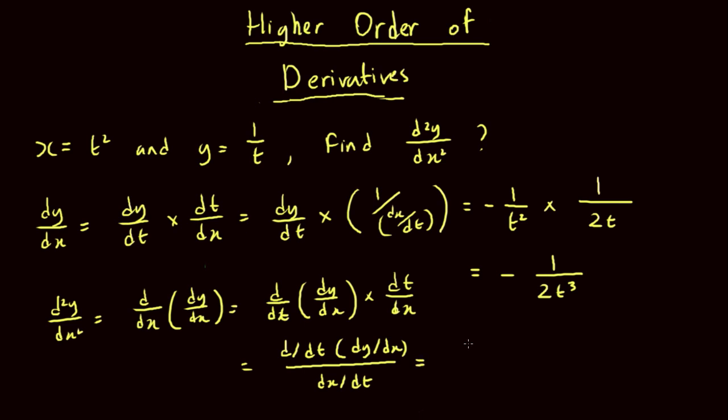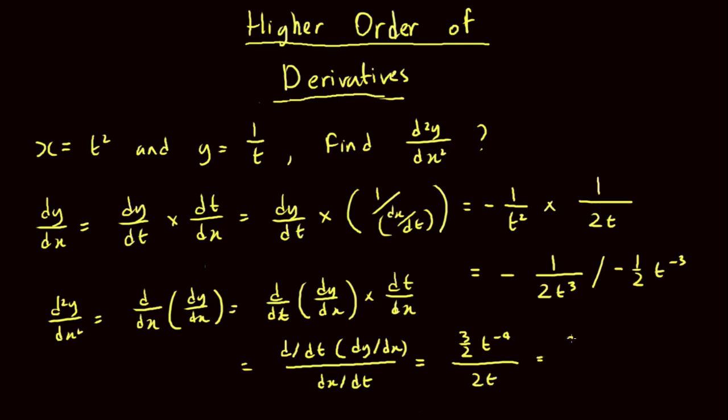So dy/dx. How are you going to differentiate this? We can simply write this as negative half t to the power of negative 3 to make your life simpler. So we would have 3 over 2 t to the power of negative 4, over dx/dt, which is simply 2t, right?